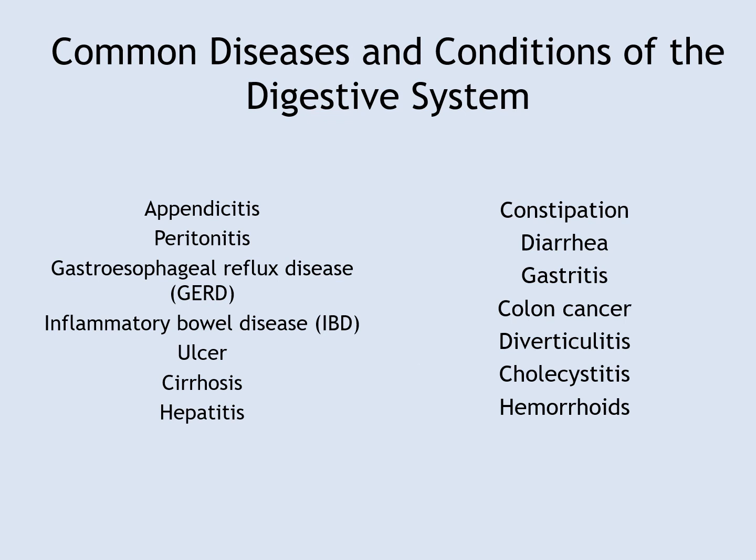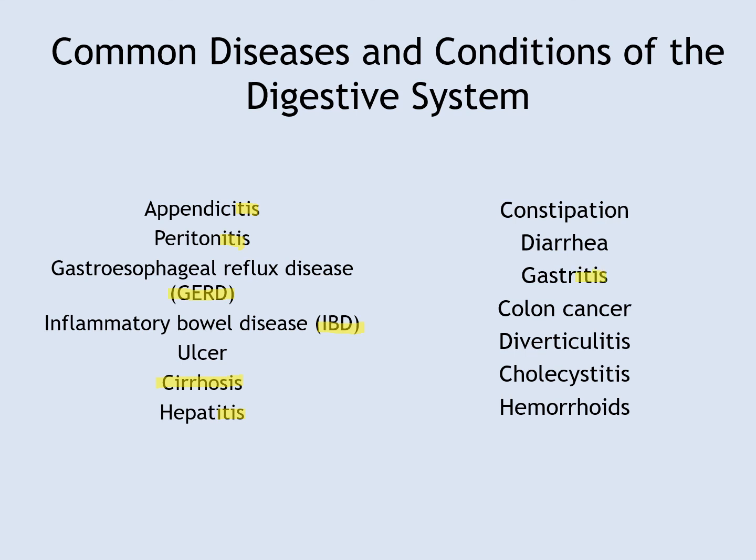Some other common diseases in the digestive system: appendicitis, peritonitis, remember all of the itises or inflammations, gastroesophageal reflux or GERD, inflammatory bowel disease or IBD, ulcers, cirrhosis, that's liver damage, hepatitis, an infection or inflammation of the liver, constipation, diarrhea, gastritis.